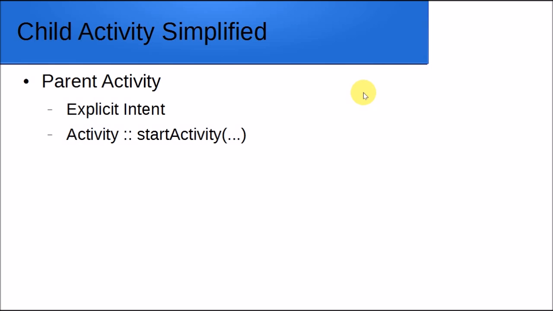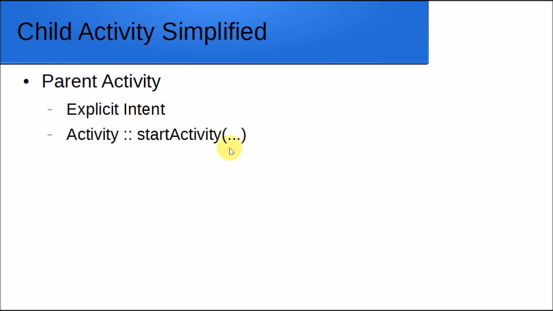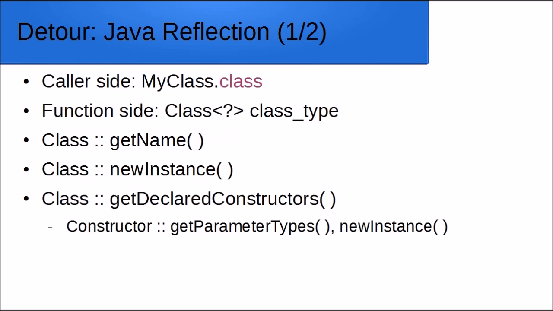So you're using reflection. After a simple activity example, I'll take a detour and talk about reflection, the programming constructs involved in reflection inside Java. It's a good time to talk about it because reflection is an interesting topic, and there's no reflection in C++.